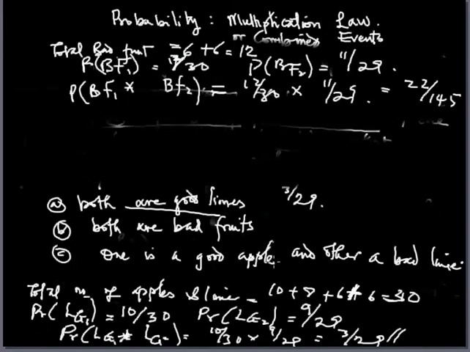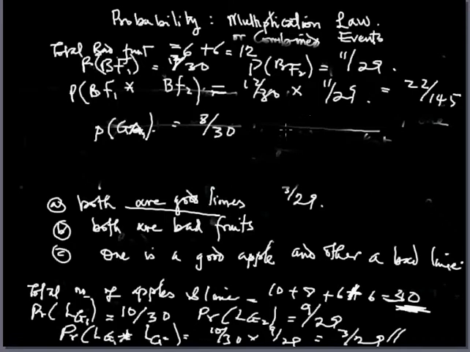The probability of a good apple, which is the first probability, is going to give us 8 over 30. We should record that the total number of fruits is 30 here.